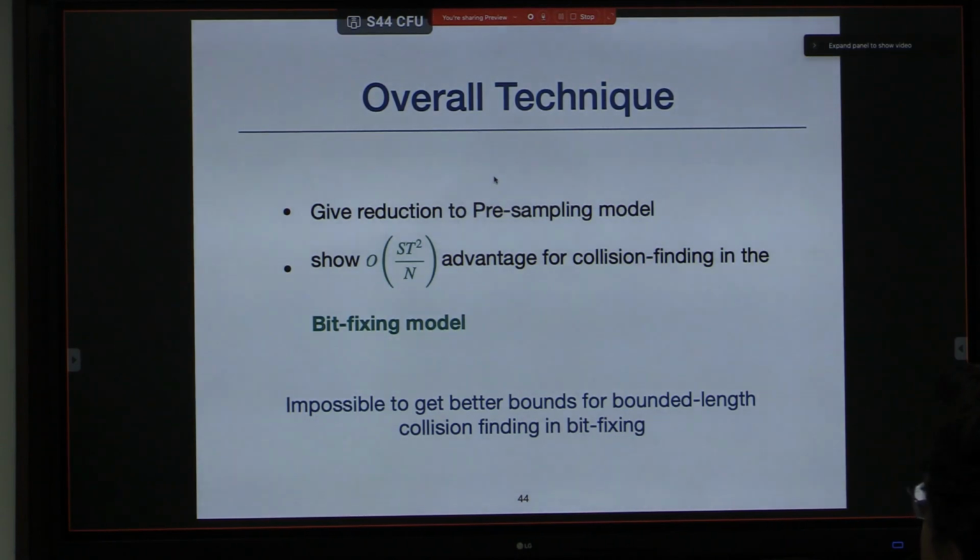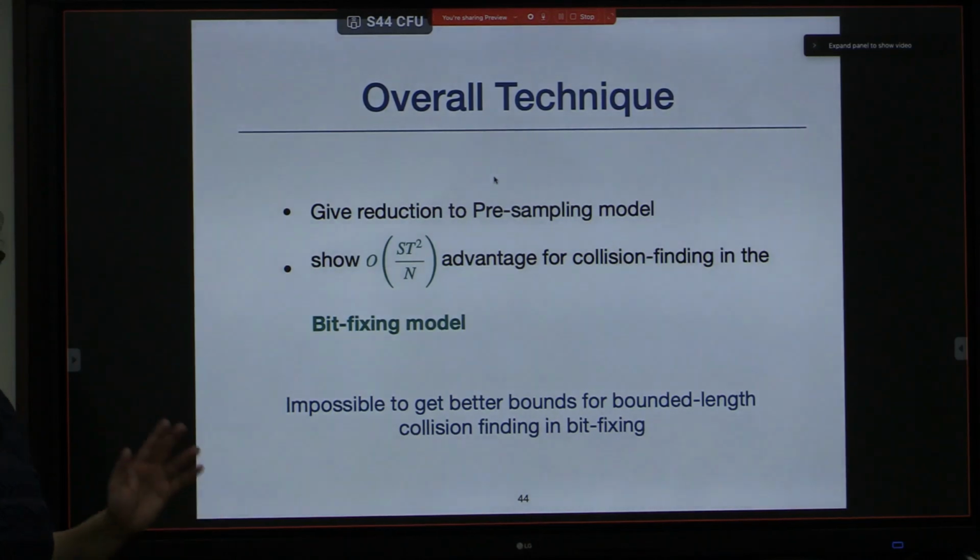So we showed the best bound you can get in the bit fixing model for bounded length collisions. Oh, so the earlier one was not a good one? No, it was for unbounded. Okay, that's a difference. So now for bounded length, you're saying that reduction doesn't work?